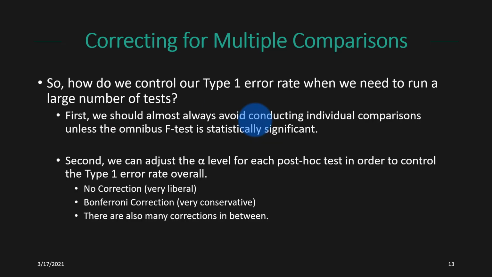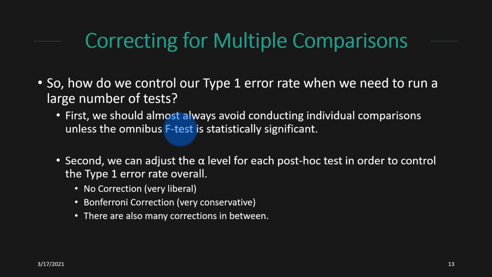So how do we control our type 1 error rate when we need to run a large number of tests? Well, first, we should almost always avoid conducting individual comparisons unless the omnibus F test is statistically significant. If you have a really strong a priori reason for looking at a specific paired comparison, that's okay if you have that a priori comparison in mind from the beginning of your experiment through to the analysis.